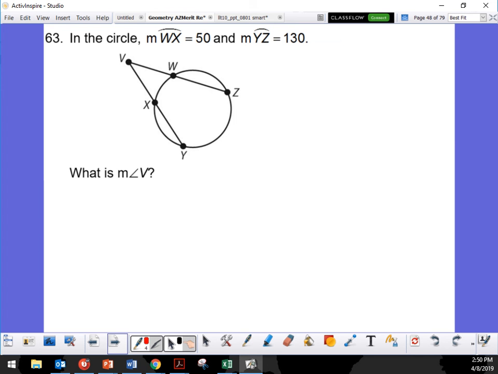All right. Now on this one, this one's going to be special. If you notice, they come together on the outside, right? So this is 130. This is 50. So this angle right here is going to be one half big minus small.